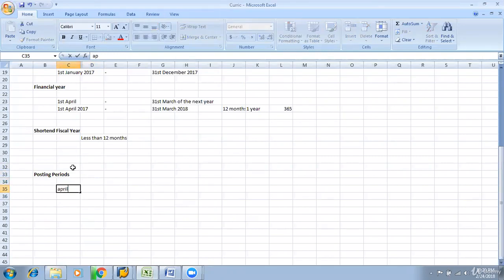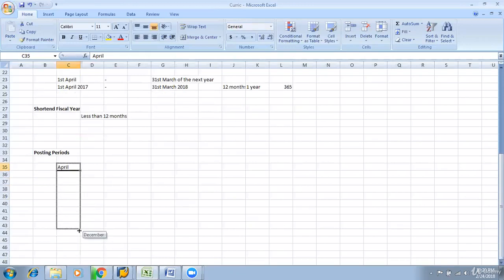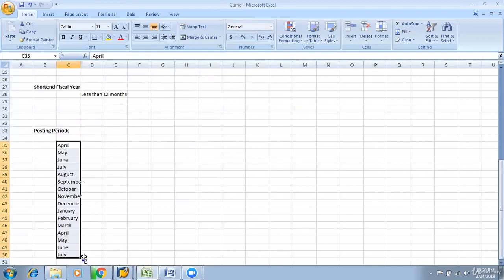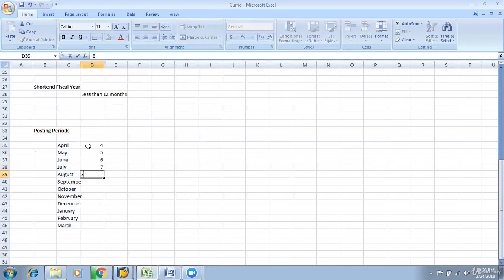April. Anyone? Why am I starting with April? Because I already told you we will be using financial year in our company code. Which month is April in a year? Fourth month. May is fifth, sixth, and so on.